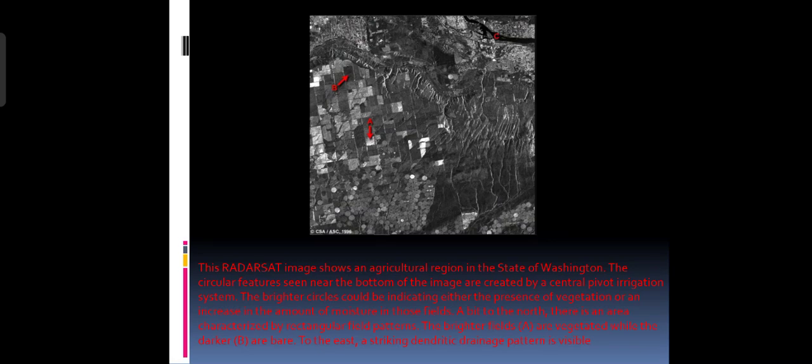The brighter circles could indicate either the presence of vegetation or an increase in the amount of moisture in the fields. A bit to the north, there is an area characterized by rectangular field patterns. The brighter fields are vegetated while the darker are bare. To the east, striking dendritic patterns are also visible.